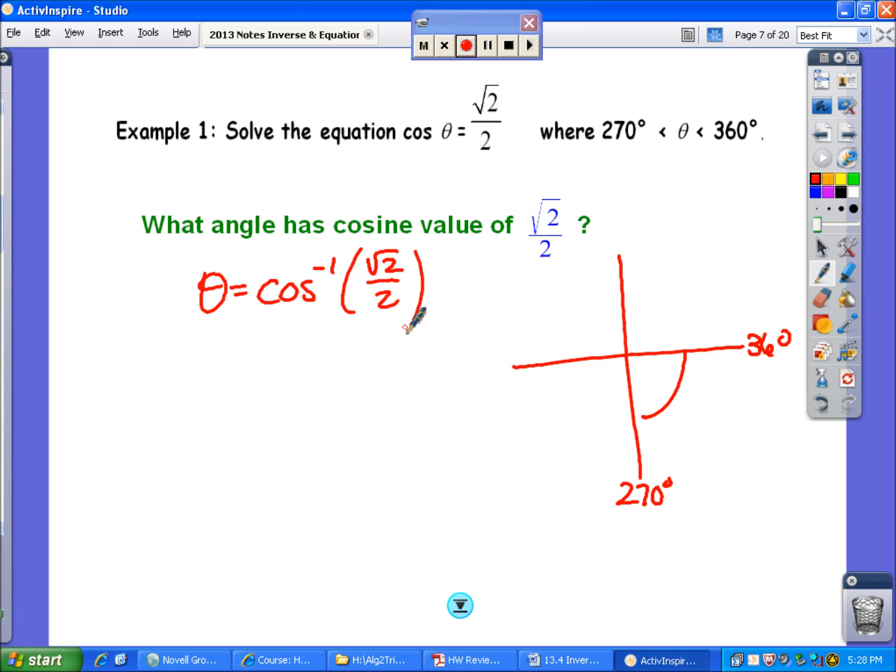That's the 45 family. What is the 45 family member in the fourth quadrant? Let's count 45s. You got 1, 2, 3, 4, 5, 6, 7. So this is 7 pi over 4, which is 315 degrees. Since our problem started out in degrees, we want to continue in degrees. So theta is equal to 315 degrees.